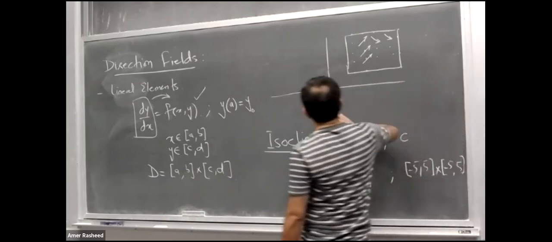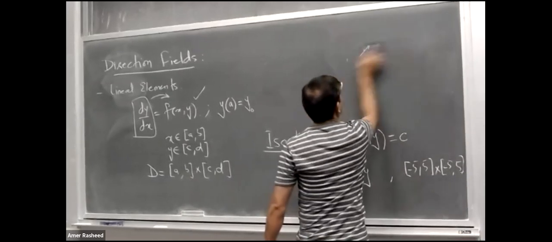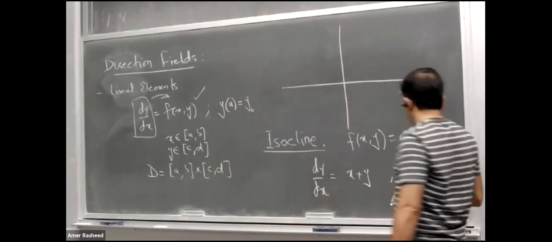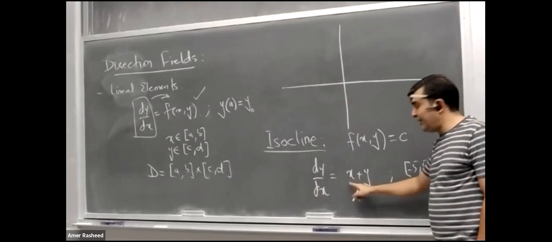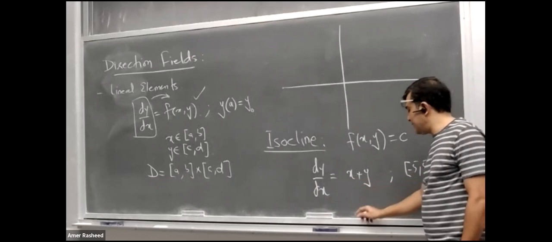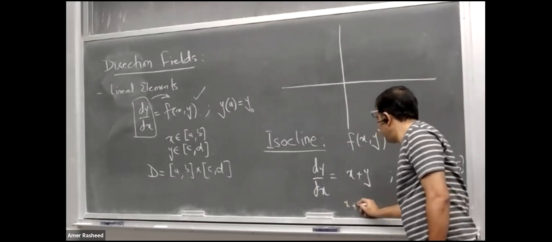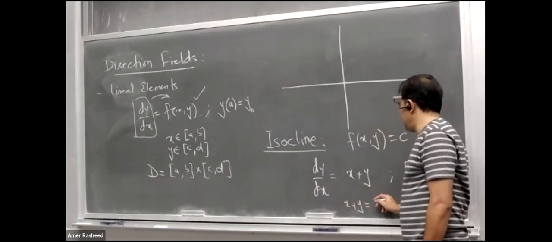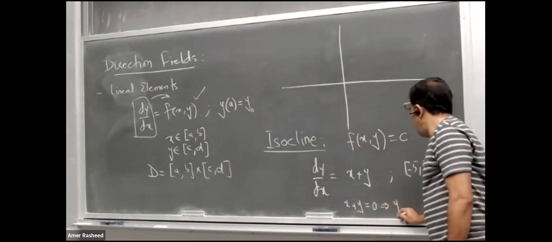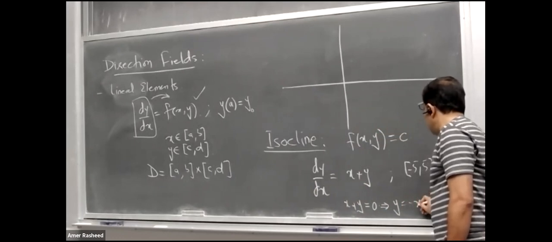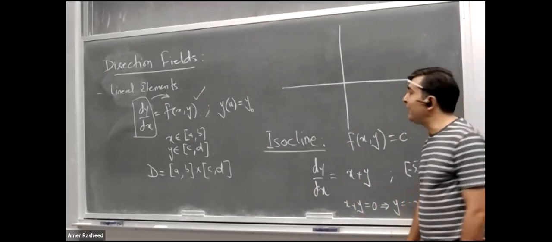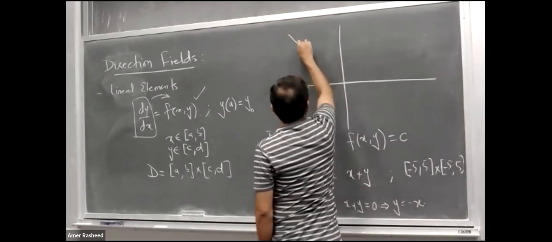Then you can see that whenever we have x plus y, we should have x plus y is equal to some constant value, maybe this constant is 0. Then from here, y is what? y is minus x.